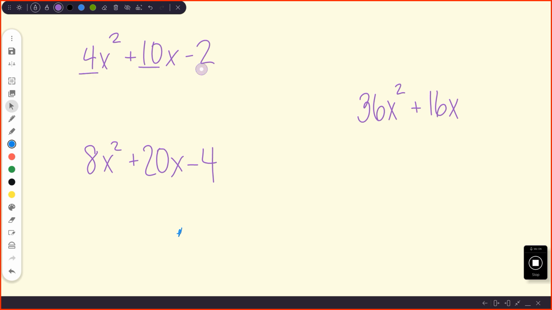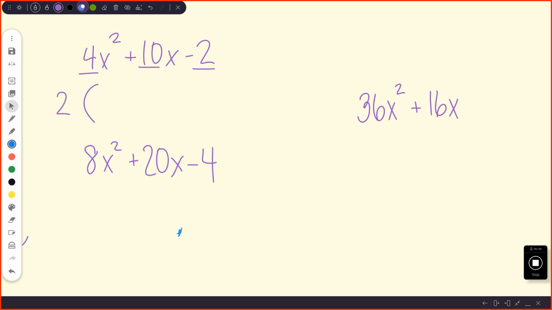Between 4, 10, and 2, what number can be divided out of each of them? 2. Okay. Can I factor an x out of each term? No. Why not? Because for me to factor out an x, each term needs to have an x, and one term is missing an x. So all I can factor out is a 2.